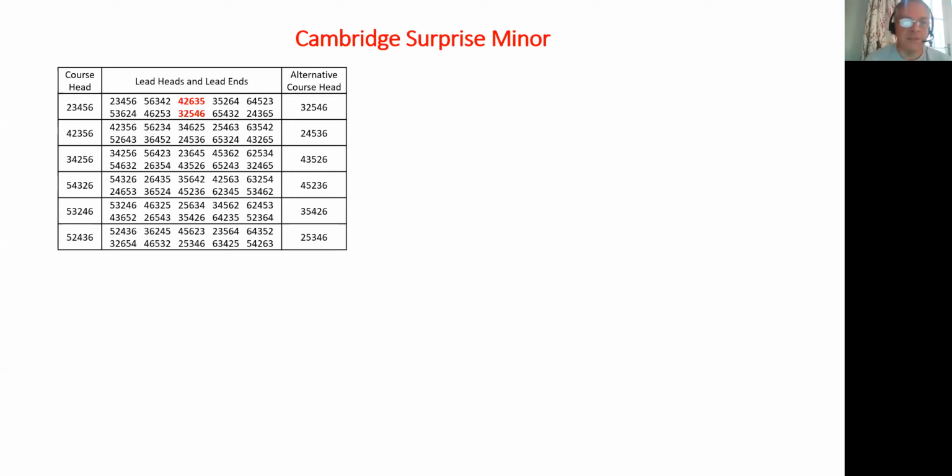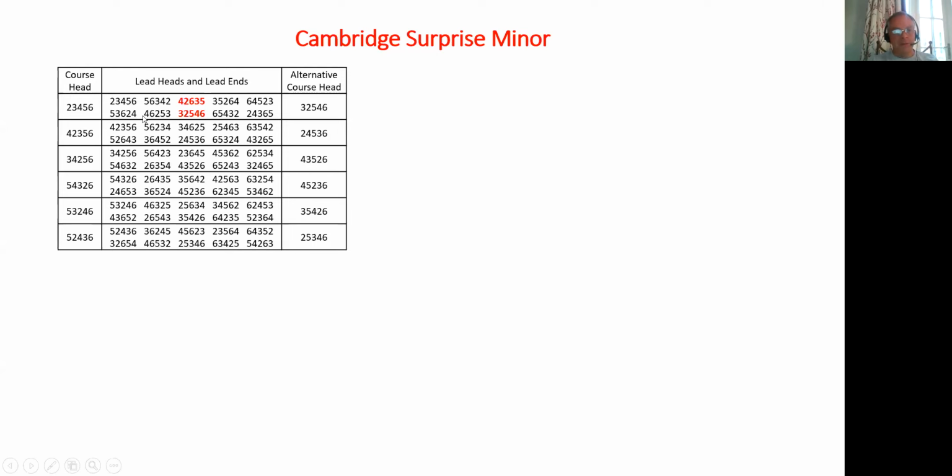What we're seeing here now is the table of those 6 different courses. As I mentioned before, I've now dropped the 1 off the front of all of these course heads and lead ends, because they all have a 1 on the front. So we tend to just drop that off because it wastes space. This table is very similar to the one that I did for Bob Minor before.